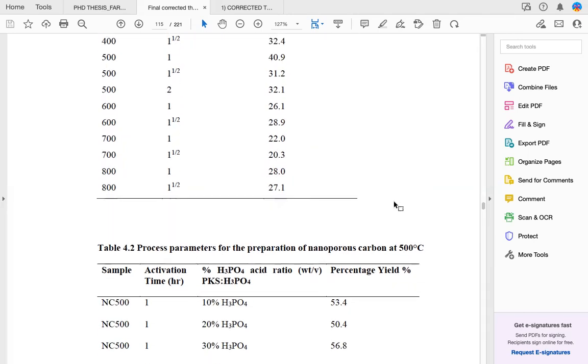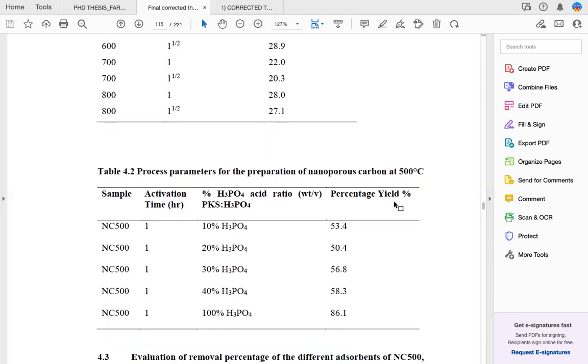Now let's say, from the study of temperature, this candidate has found out that 500 is the best temperature. So the NC 500, which is the best nanoporous carbon, is added with phosphoric acid.